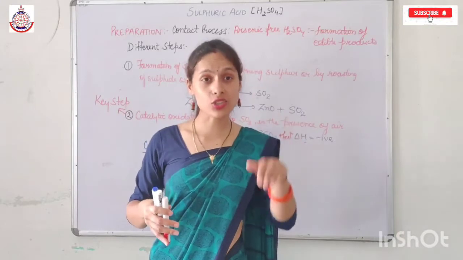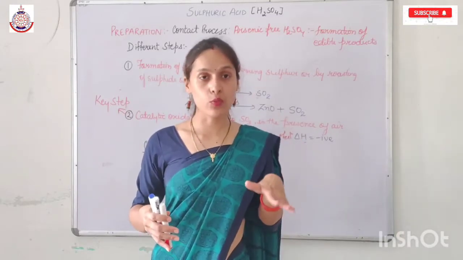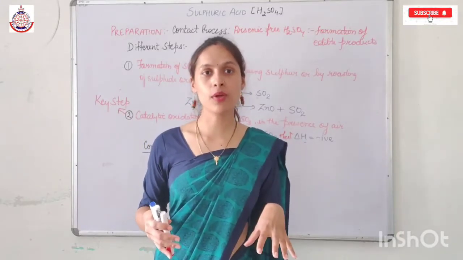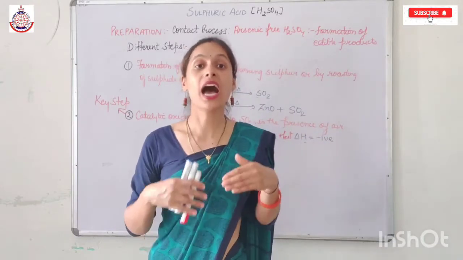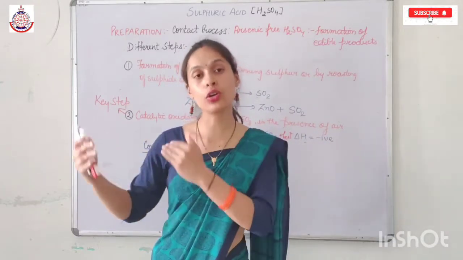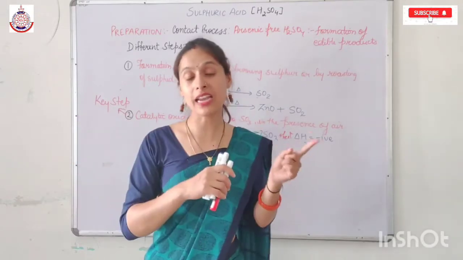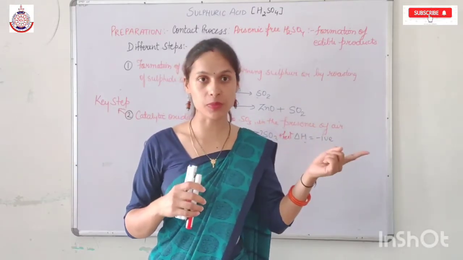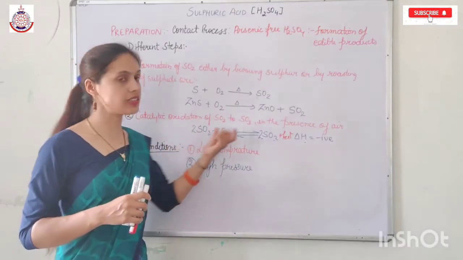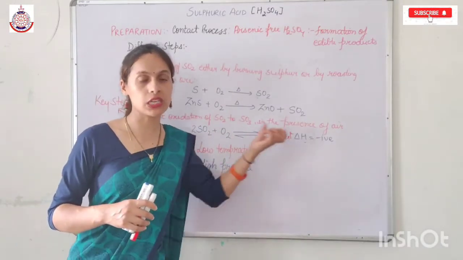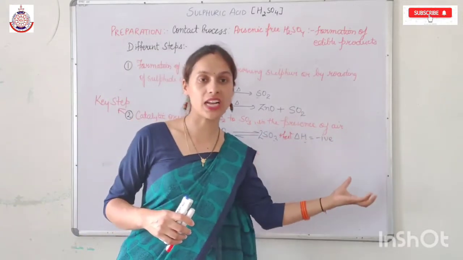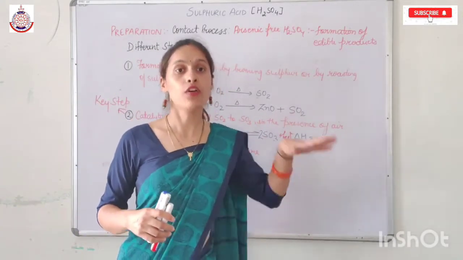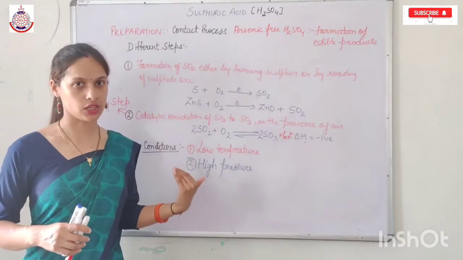There is a reduction in the number of moles as we move from reactant to product, so we require high pressure for a good yield of product. This is again according to Le Chatelier's principle. High pressure favors the forward reaction, whereas low pressure favors the backward reaction.